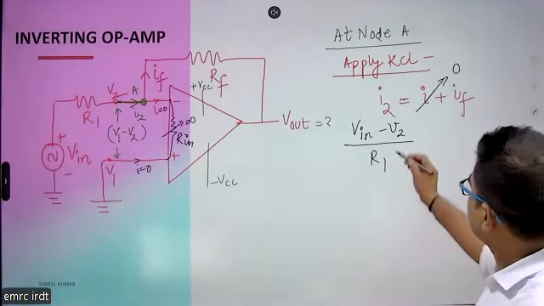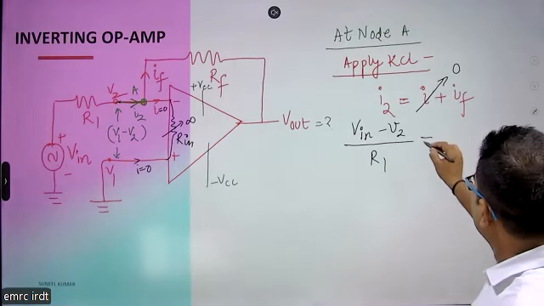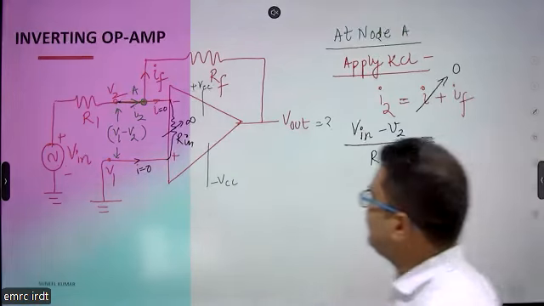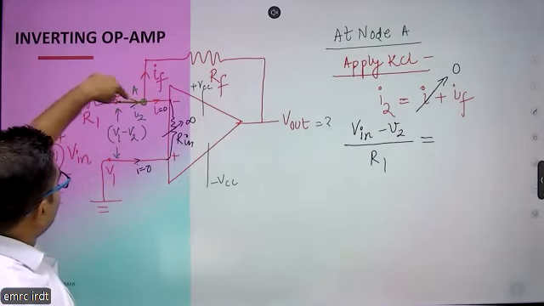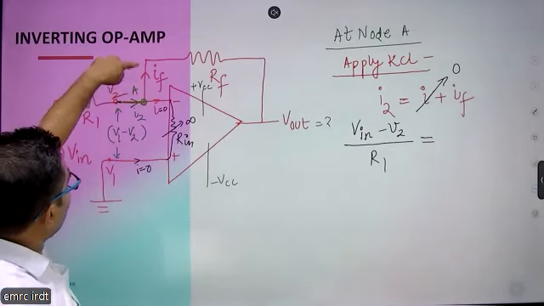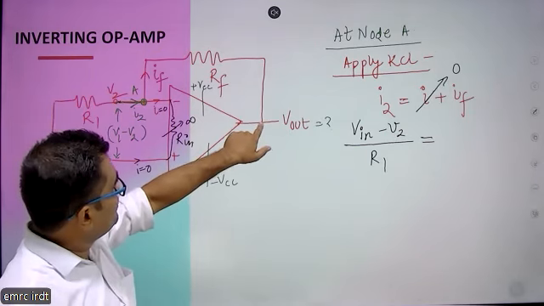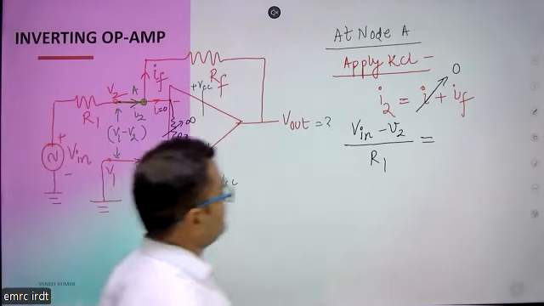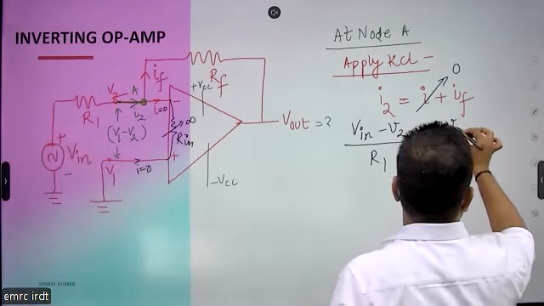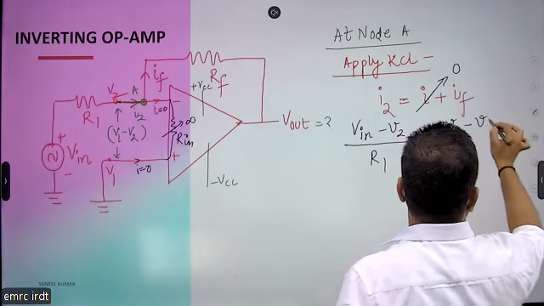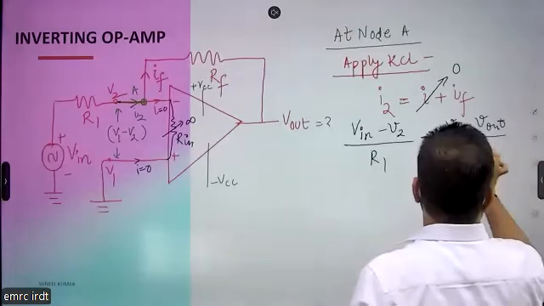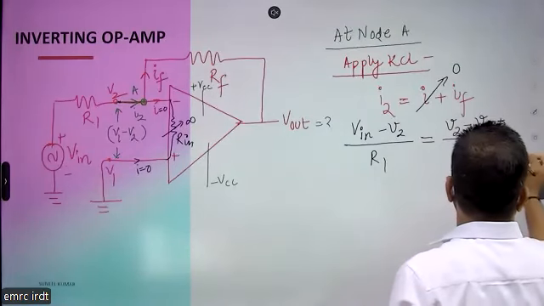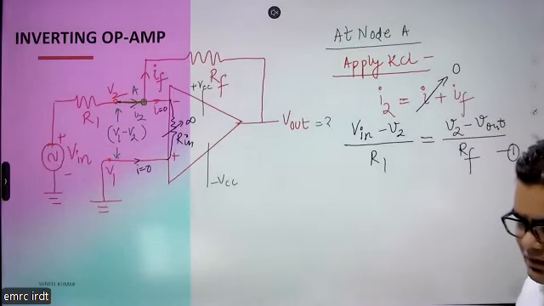Similarly, we can write the value of IF: the voltage here is V2, so IF is V2 minus V output divided by RF. This is equation number 1.